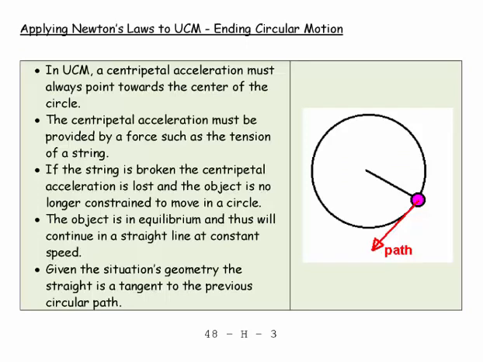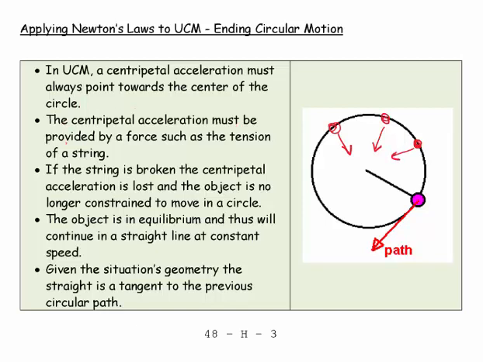If we imagine looking down on the motion of an object which is moving in a circle, in uniform circular motion a centripetal acceleration must always point towards the center of the circle. So when the object is here, the centripetal acceleration points there, and when the object is there, the a_c points there, and so on.